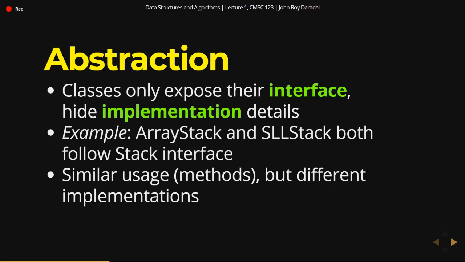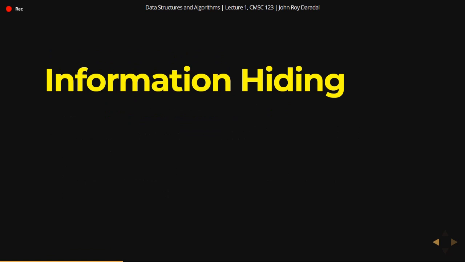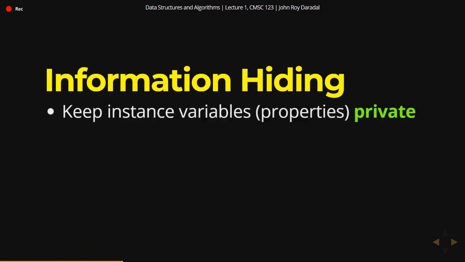However, they will have different implementations because one is using an array and the other one is using an SLL. Okay, so we don't know about the implementation details, but we know that their interface follows the stack interface. Okay, that's abstraction.